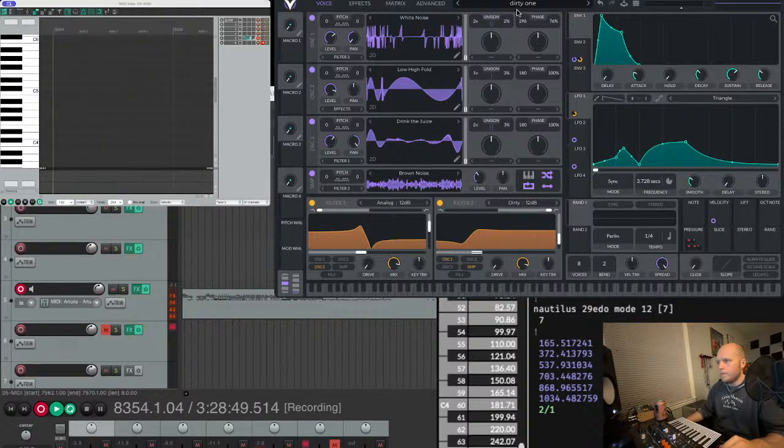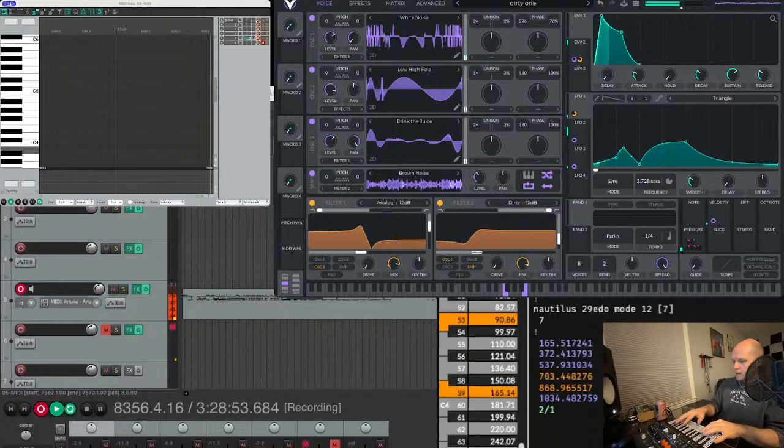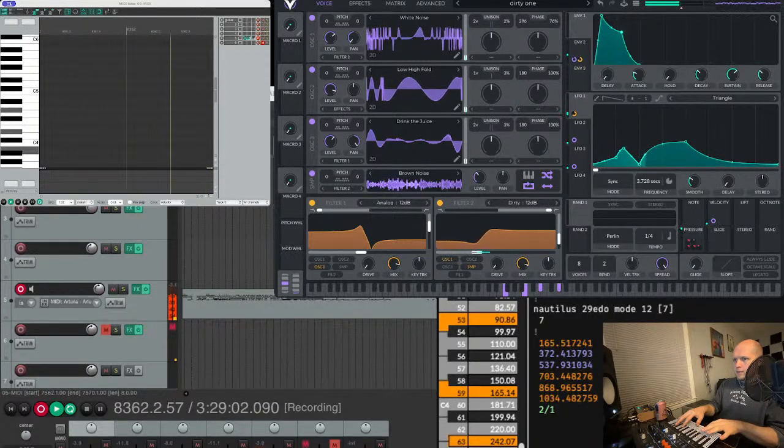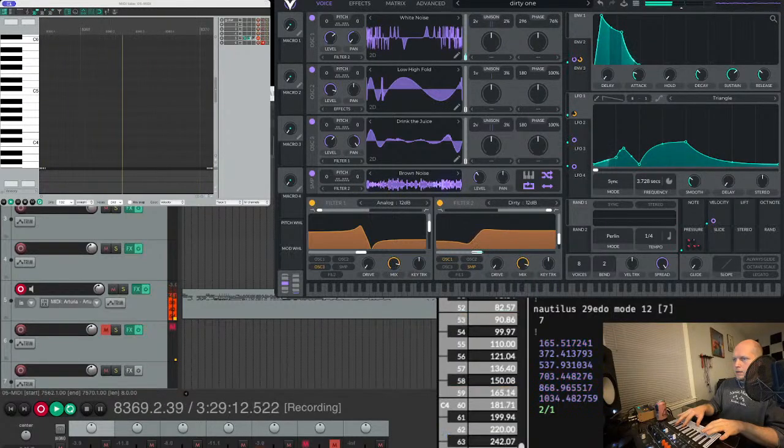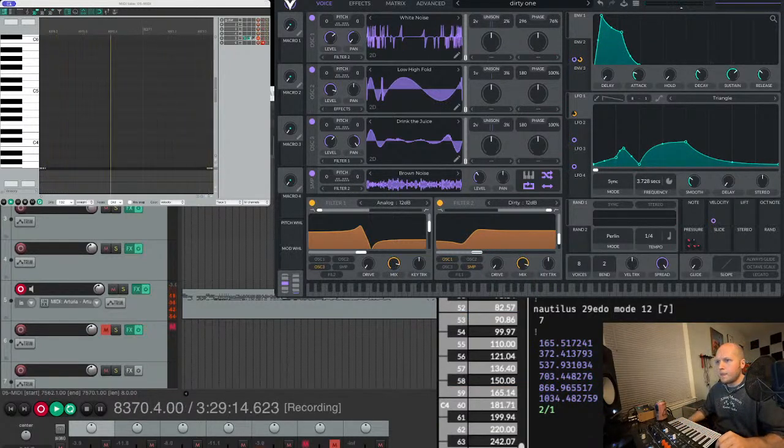So if you play and then move this low note, it does nothing. If I wiggle that top finger, it'll adjust the pressure on everything.